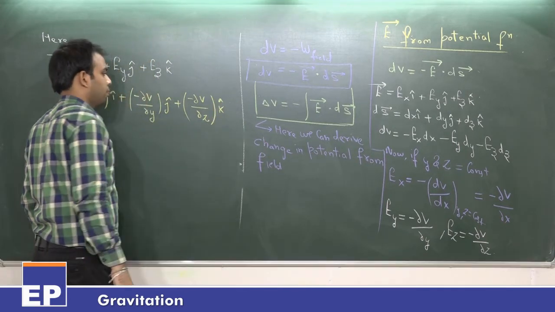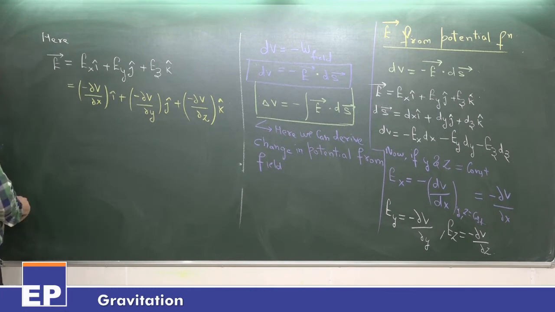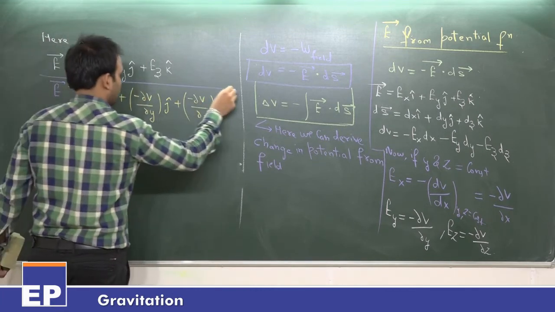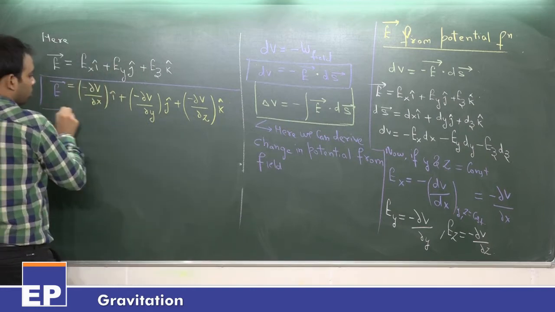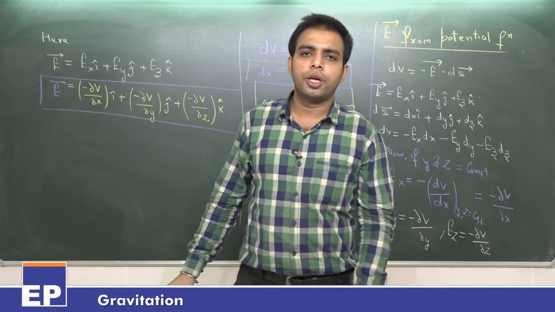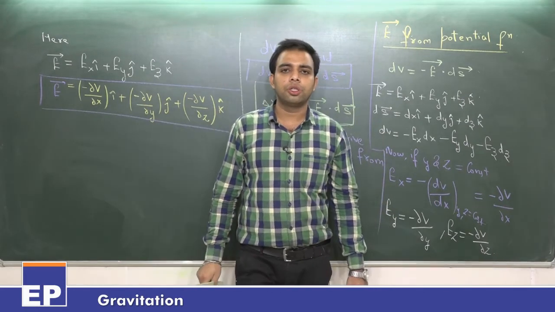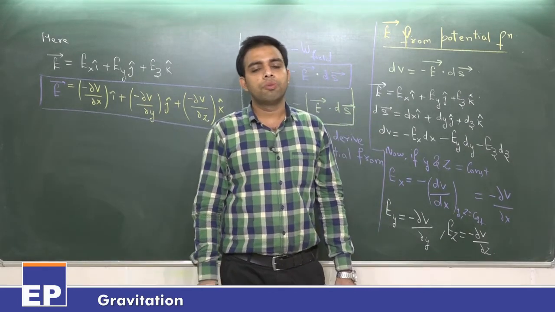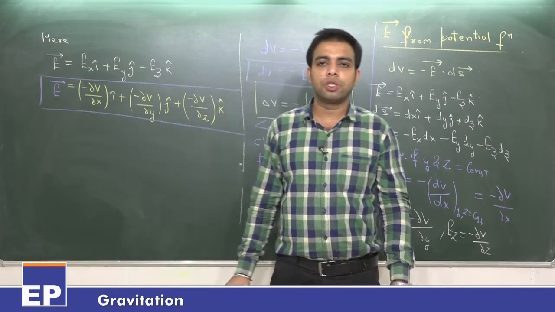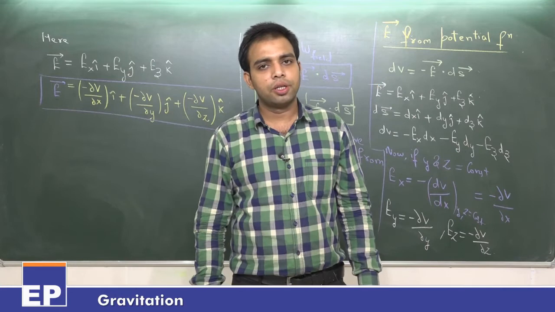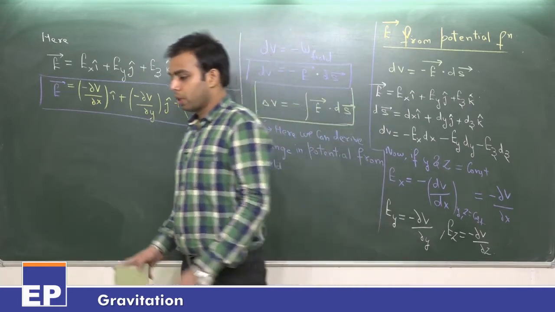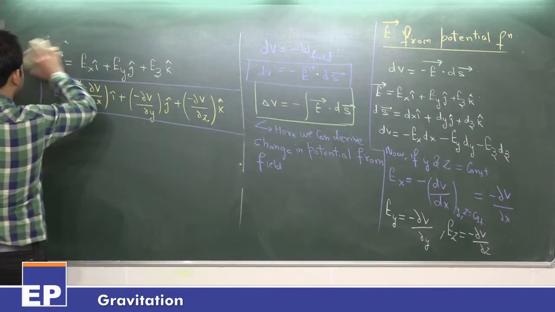So this is the thing. Is it clear to all of you? In this way we can derive the gravitational field from the gravitational potential function, by taking these partial differentiations, del V by del x, del V by del y, or del V by del z. In this way, right? Write down the problem on it.